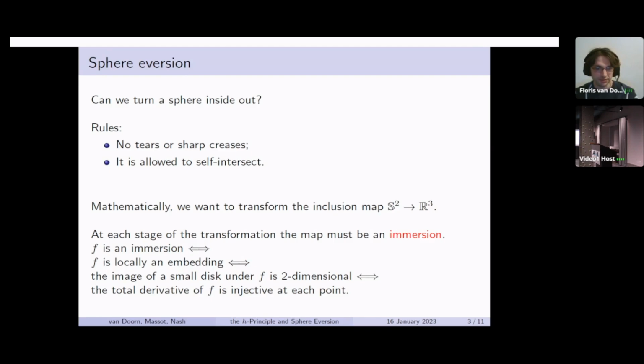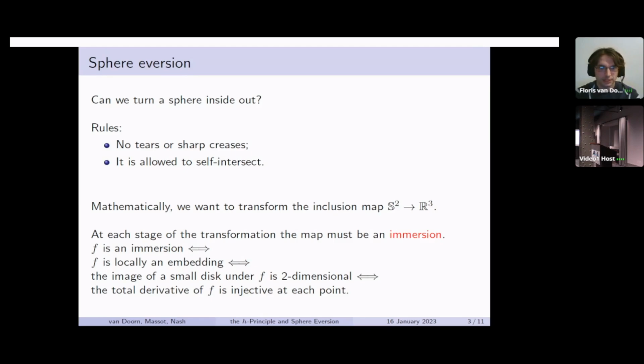The last equivalent characterization is that the total derivative of F is injective at each point. So this sort of captures the intuition of almost embedding a sphere into the space, except that it is allowed to self-intersect at points.